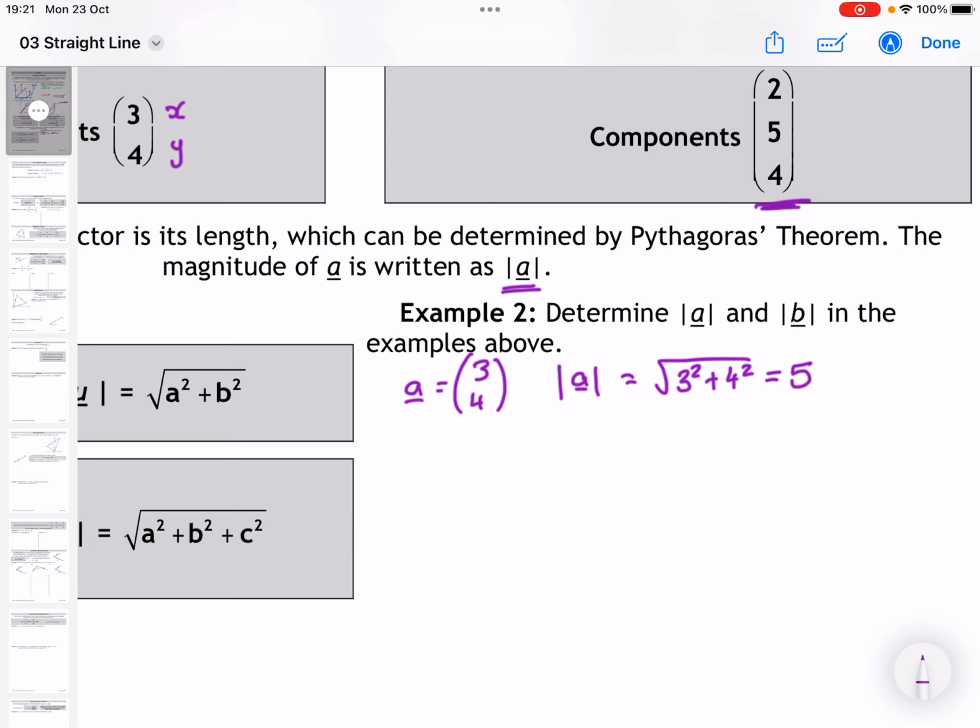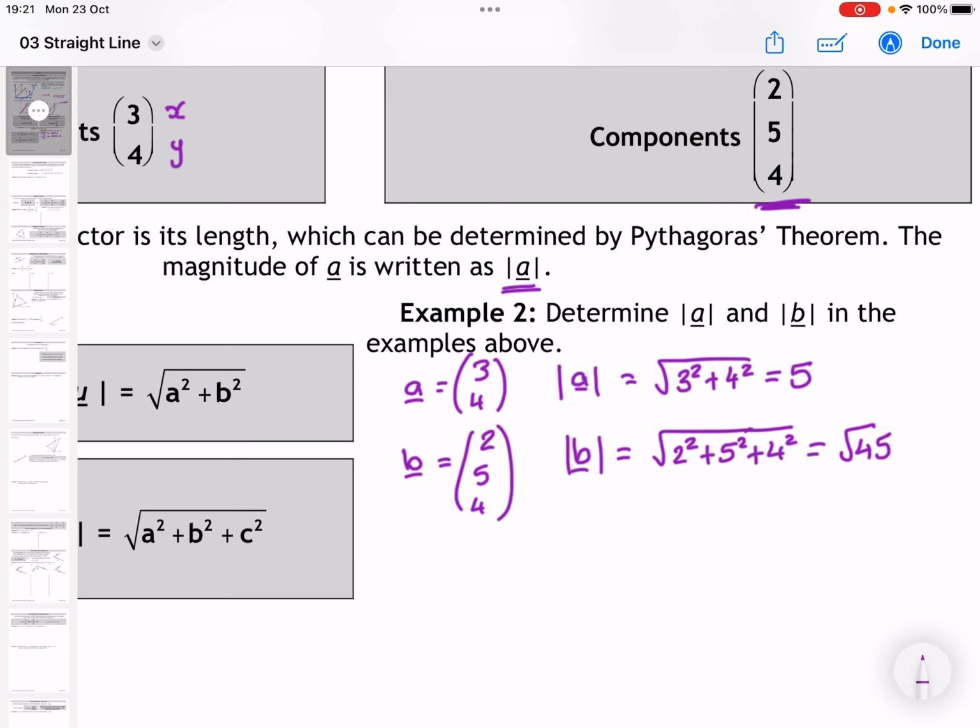Okay? Vector B was 2, 5, 4. So the magnitude of B is 2 squared plus 5 squared plus 4 squared. Which, if you let your calculator do the heavy lifting for you, is root 45.